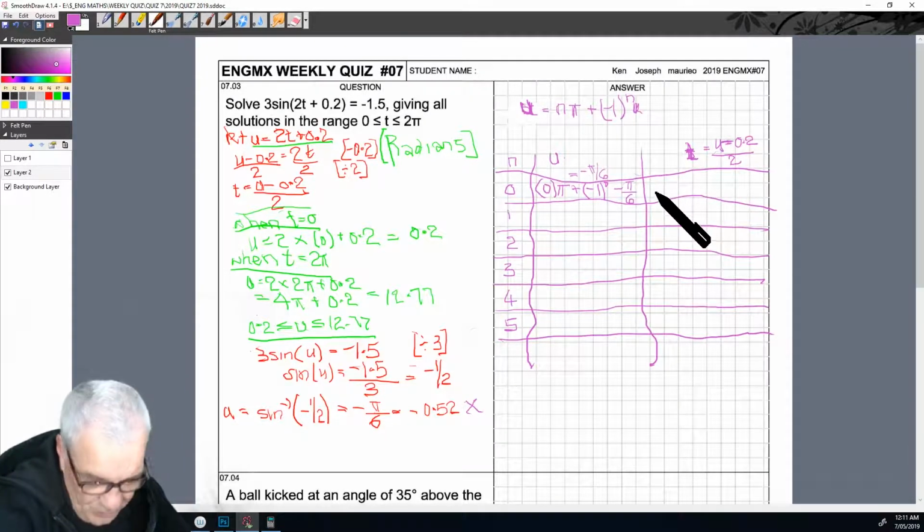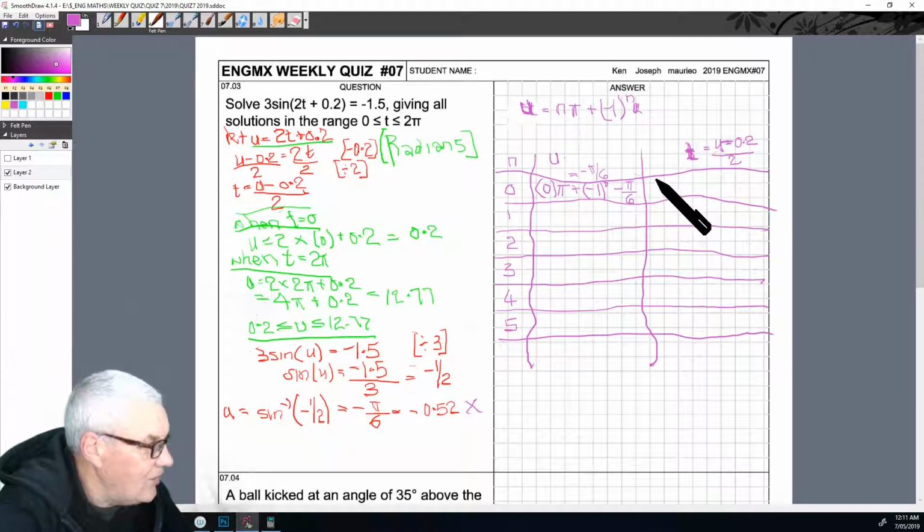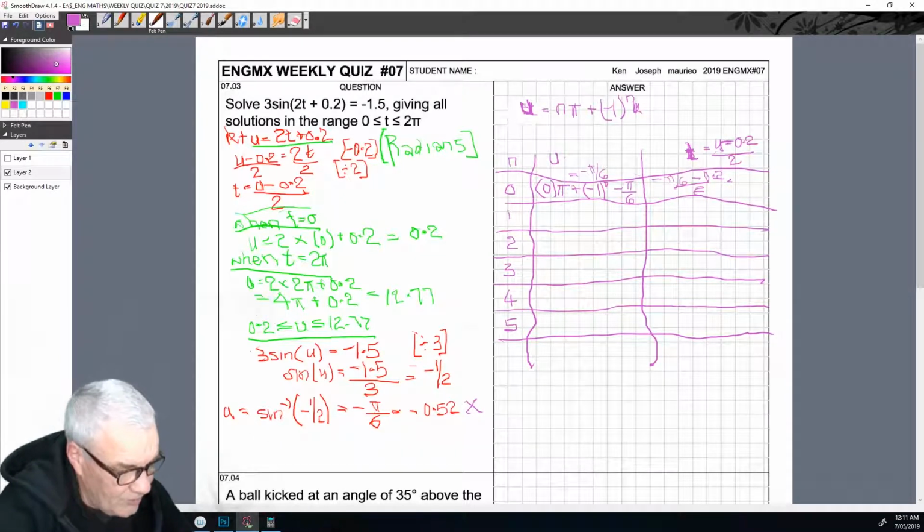And so if we put that in here, we've got negative pi by 6 minus 0.2 over 2 equals, and we'll do that on the calculator here.